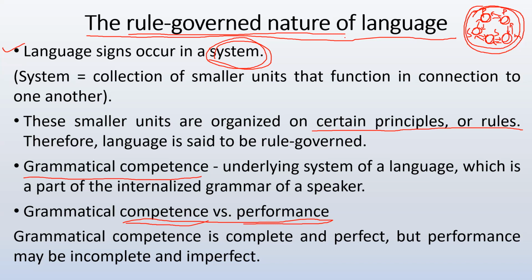Maybe because of environmental reasons, maybe because of forgetfulness, tension, excitement, fear, anxiety, etc. Due to a lot more reasons like this, there will be interruptions in the performance. So competence and performance are always not the same.